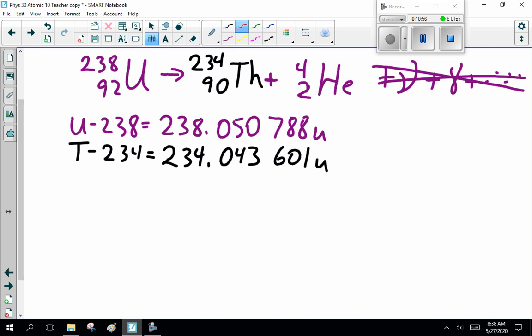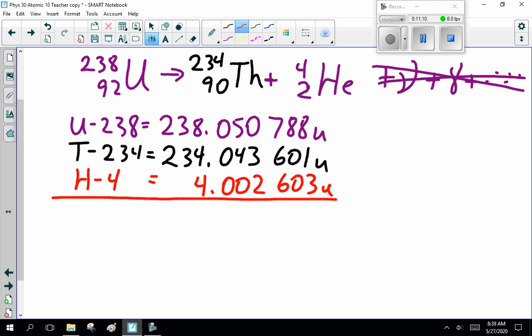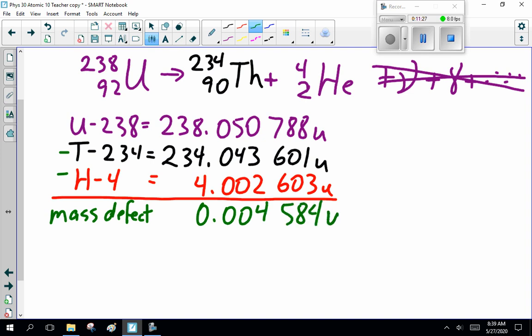And our alpha particle, excuse me, is 4.002603 units. So, mass defect. Remember, we're subtracting these. We get, not much, 0.004584 atomic mass units.